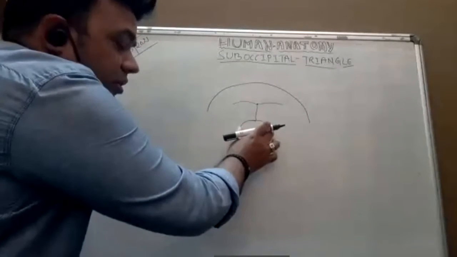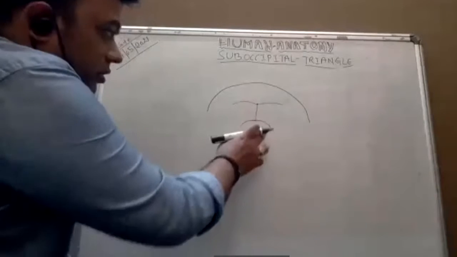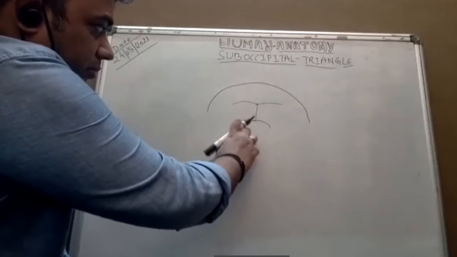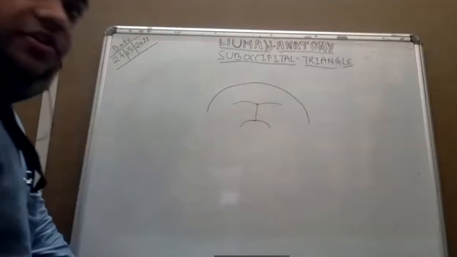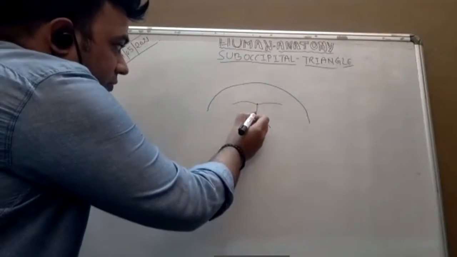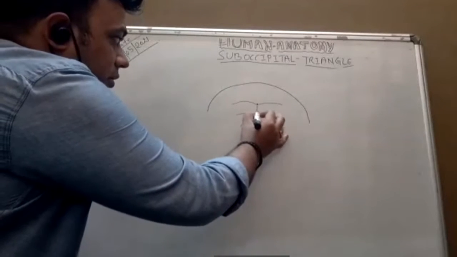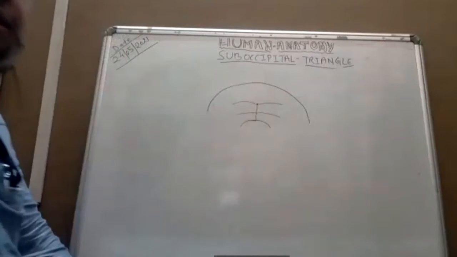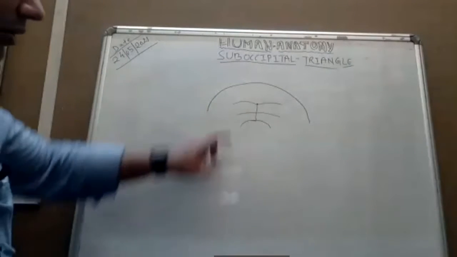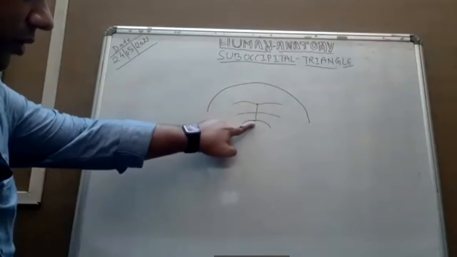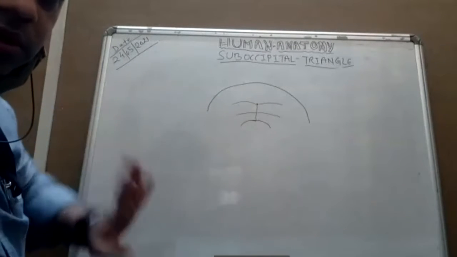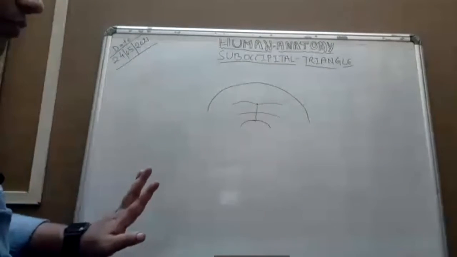I just draw it incomplete, half of this foramen magnum, and from the middle of this external occipital crest, running laterally will be the inferior nuchal line. Got it? Superior nuchal line, inferior nuchal line, external occipital crest, posterior margin of the foramen magnum.